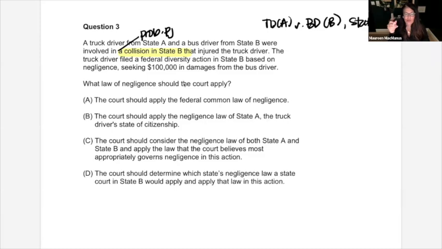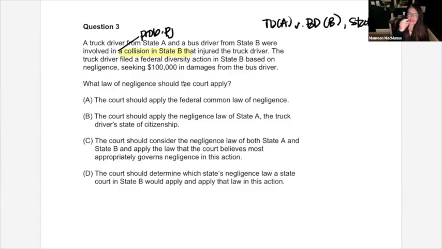But here, we don't know what the law of negligence is of these states. So if there is a conflict of law, you look at the choice of law rule that the state in which the federal court sits would apply. So this is the Klaxon doctrine, after the Klaxon case.